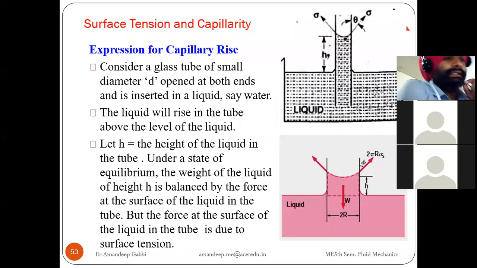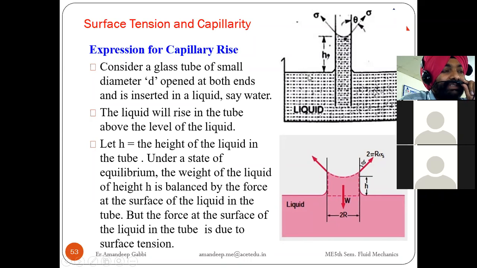Now let us see this diagram that is on your screen. We have a liquid that is rising in some tube because of more adhesive forces, right? Adhesive forces are more than the surface tension.